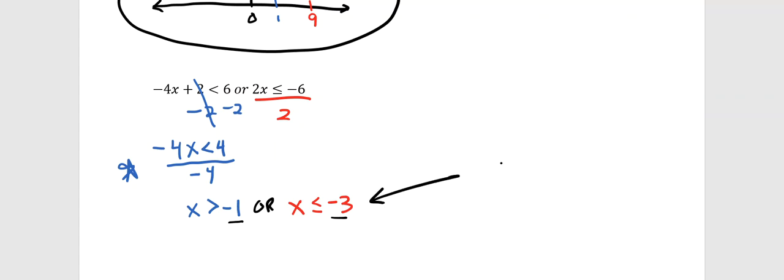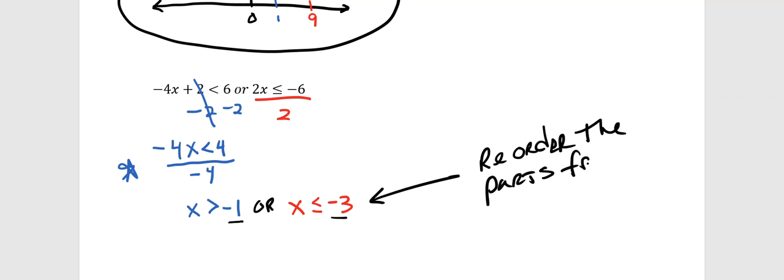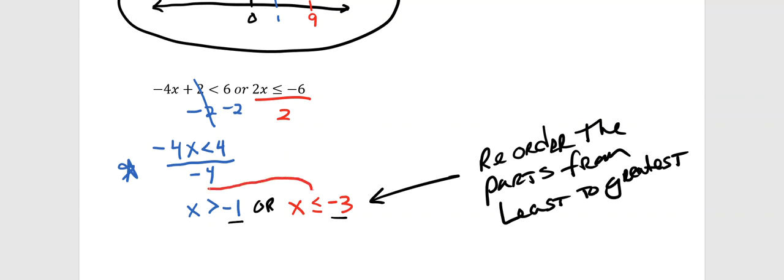So what we want to make a note of is to reorder the parts from least to greatest. So that means all of this is going to jump in front, and all of this is going to jump in back.